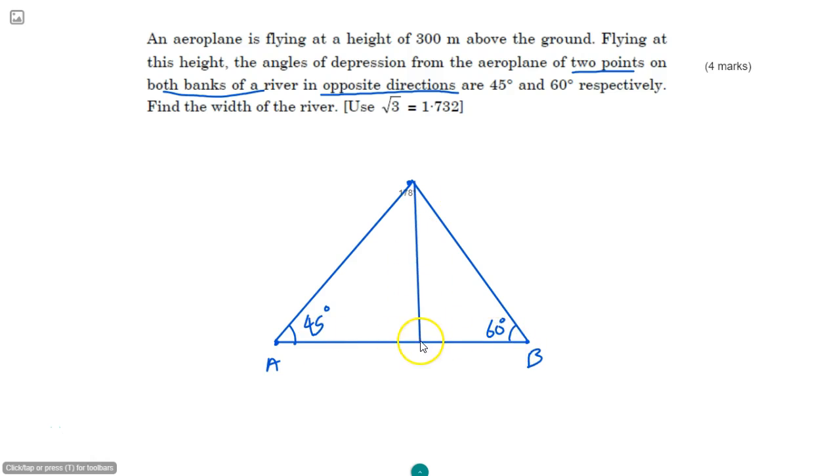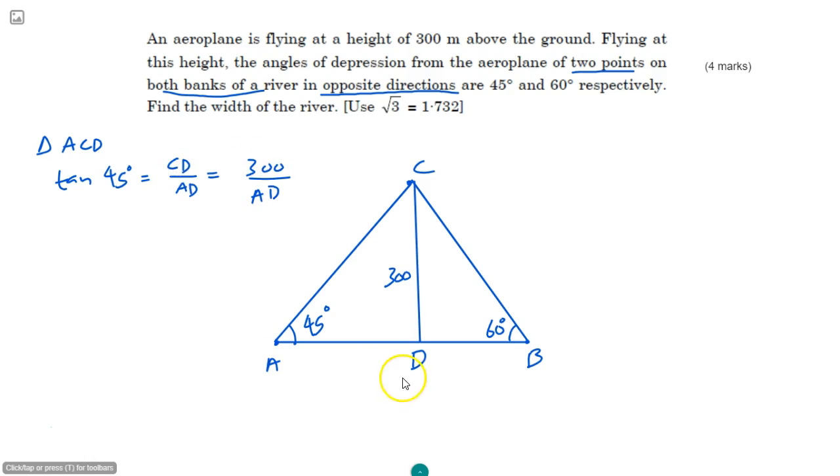The plane is at a height of 300 meters. So this distance is 300. Let's name this C and D. From triangle ACD, you can write tan 45 degrees is CD by AD, which is 300 by AD. Remember that AB is the width of the river. So this AB is what we are asked to find.